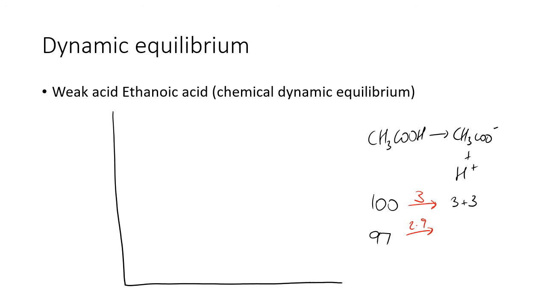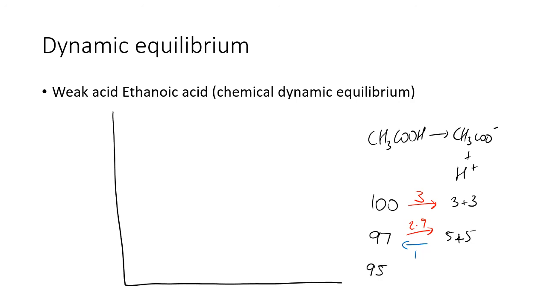And going back might be 1. So if I have 2.9 and 1, we'll just round it to 3, so that'll be 5 and 5. Let's say that now brings us down to 95.